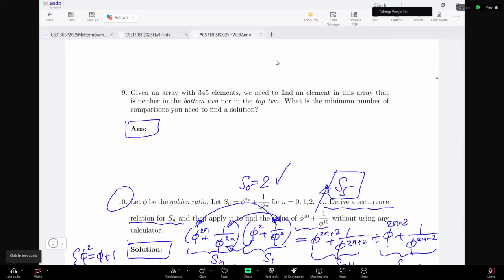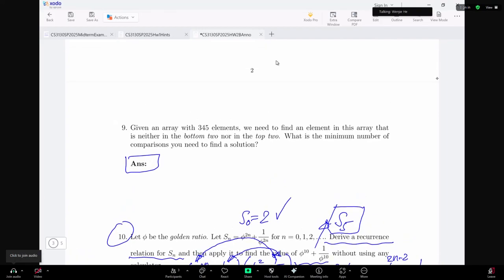Next question. Can we look at Number 9? This Number 9, you need to make a connection to our existing questions. If you are not familiar with our existing questions, then it's hard.